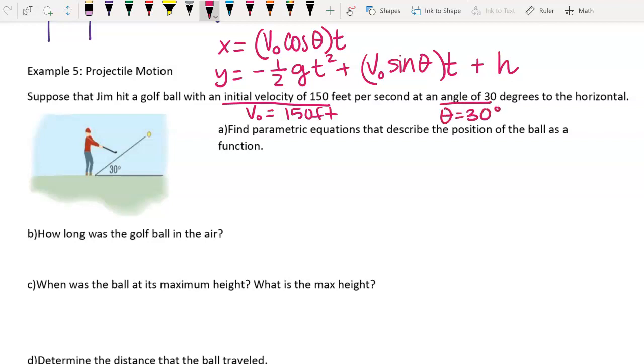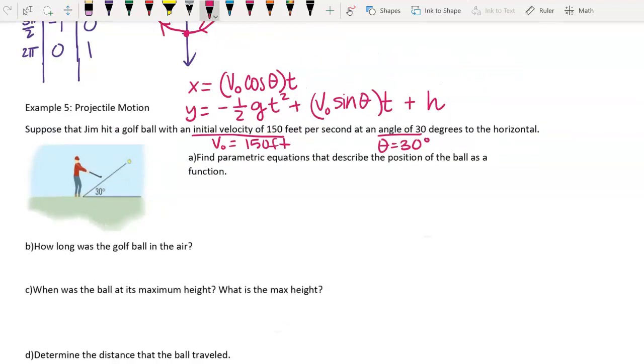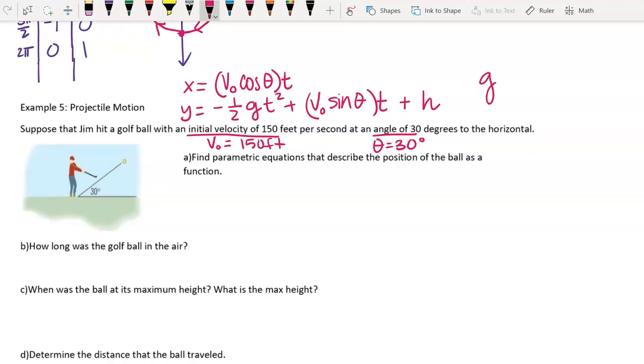Okay. Now, based on our question here, someone give me what g equals. 32. How do you know it's 32 versus 9.8? Because you are in feet, right? If a problem's in meters, then you're going to use what? 9.8. Yep. What is h in this question, and how did you know that?